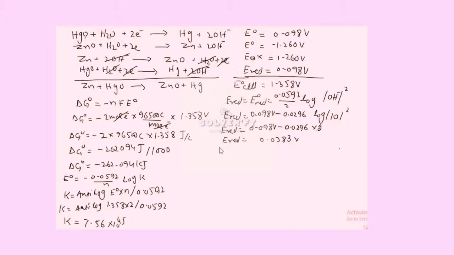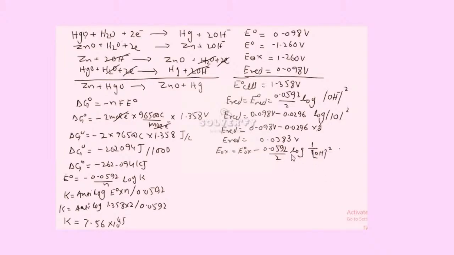On the other hand, E oxidation will be equal to E naught oxidation minus 0.0592 divided by 2 log of 1 over the hydroxyl ion concentration squared.